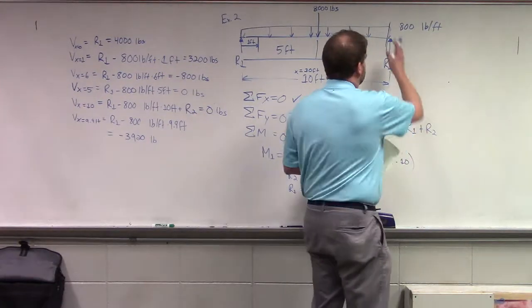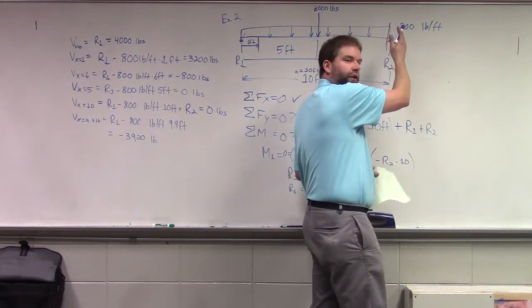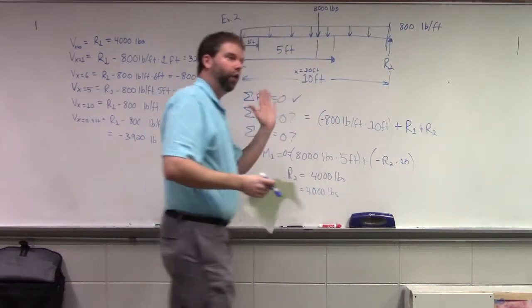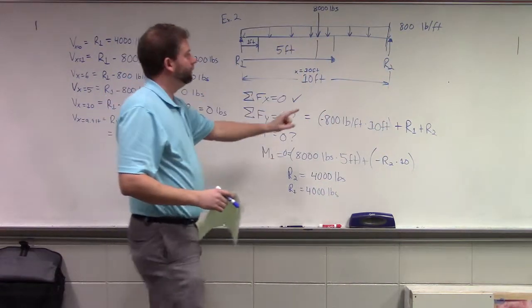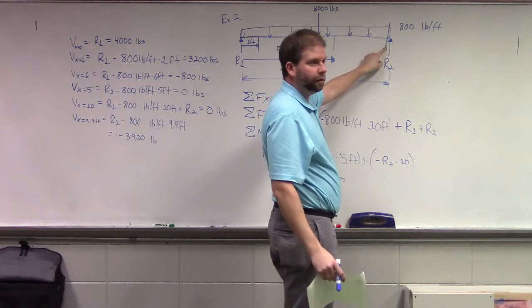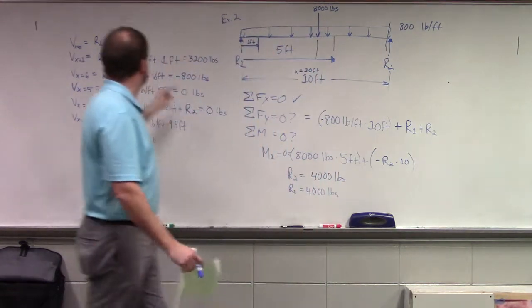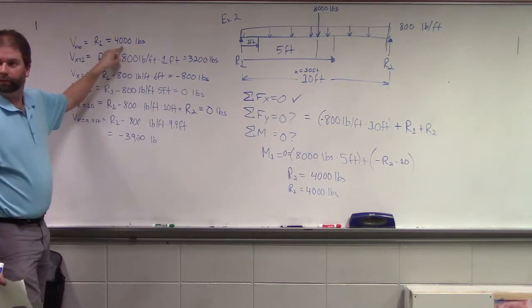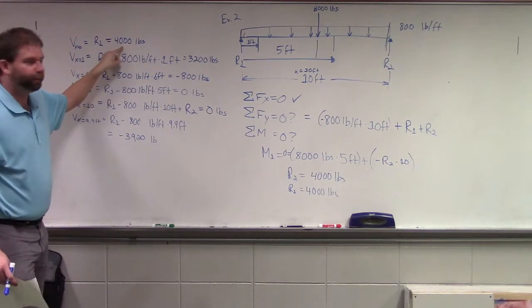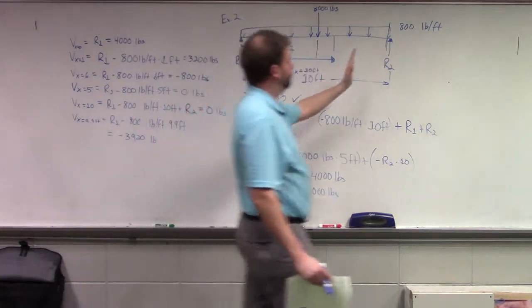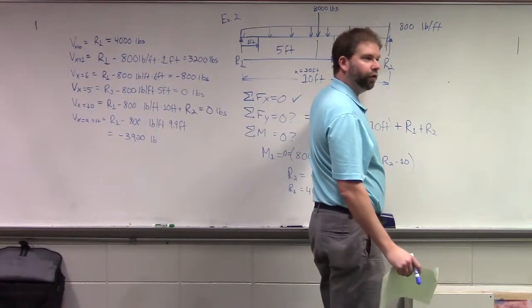If we cut it just to the left of R2 and looked only at the right-hand side, what would your magnitude be? It'd be 4,000, right? It would just be that. As you move a foot over, what are you going to have?